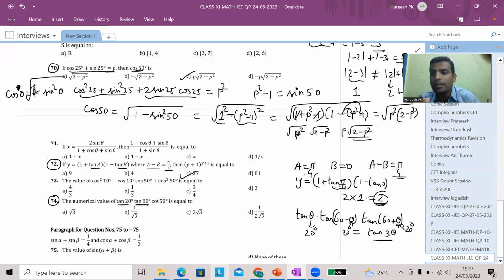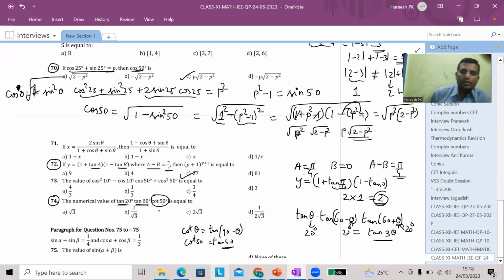Instead of tan 40 degree, what have they given? Cot 50. But we know cot theta is tan of 90 minus theta. That means cot 50 is same as tan 40. So instead of cot 50, I can write tan 40 only.